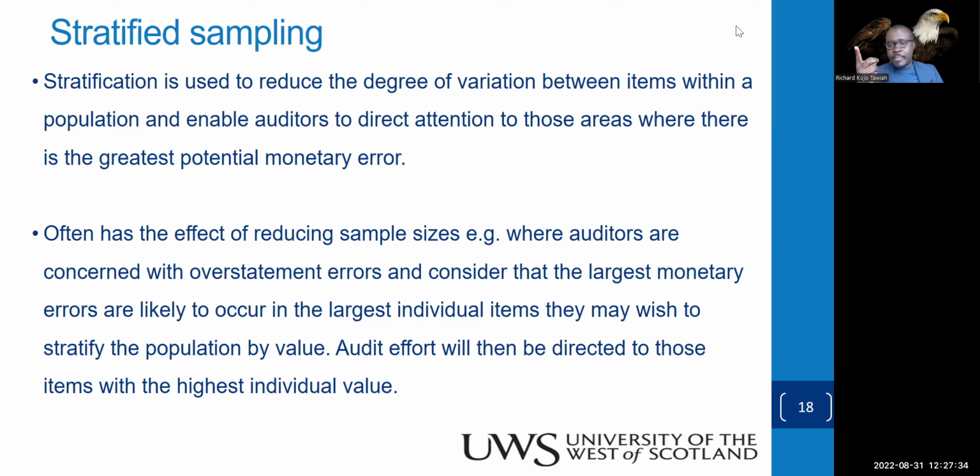For example, where auditors are concerned with overstatement of errors and consider that the largest monetary errors are likely to occur in the largest individual items, they may wish to stratify the items by value. It's a layer. Audit efforts will then be directed to these items which have high values.